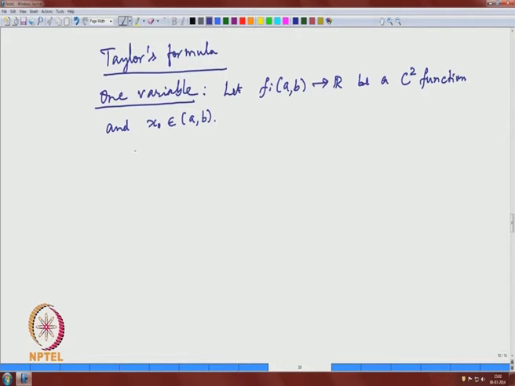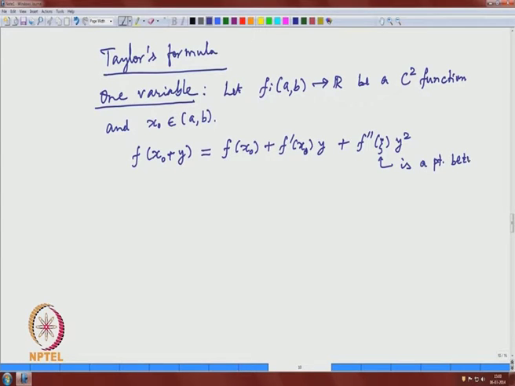it is not difficult to see that f(x0 + y) is equal to f(x0) plus f prime(x0) y plus f double prime(j) y squared over two, where j is a point between x0 and y.